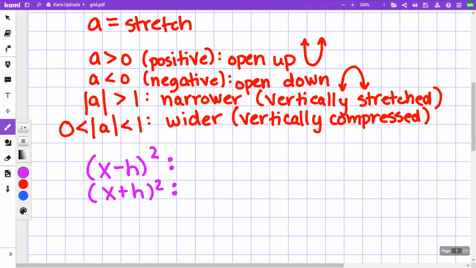So the x minus h is going to move right h, because a positive h would make x minus h 0. x plus h is going to move left h, because a negative h would make that 0.